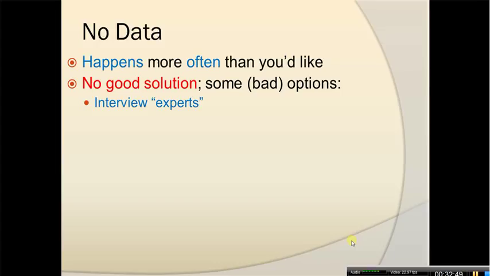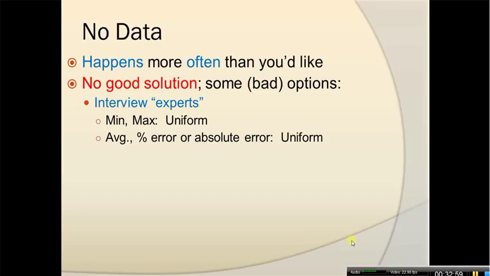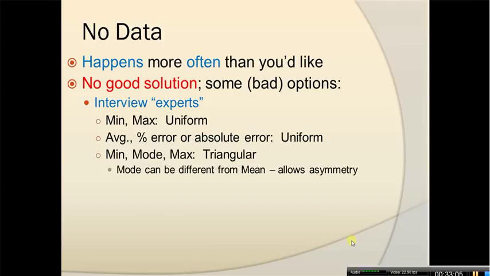You might want to interview experts that know the system and try to find some minimum and maximum values that they observed and try to use a uniform distribution, right? It's still better than no data at all, or average percentage of absolute error. And again, do the uniform. You can look at minimum, mode, and maximum and select the triangular. So again, mode can be different from the mean, so that allows us asymmetry.